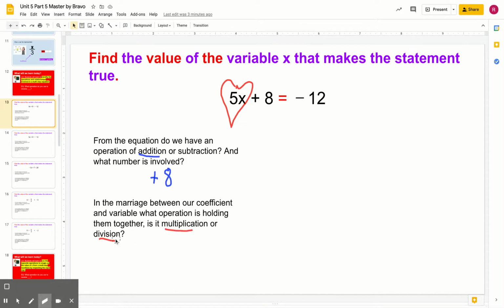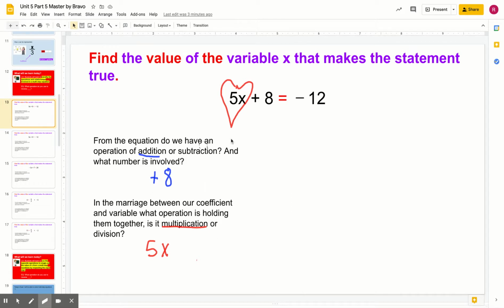So what's holding that 5 and that x together? I hope you're able to notice that's actually multiplication. That's holding this 5 and that x together, because this is representing 5 multiples of x. And I'll even draw the image really quickly. It's representing that.